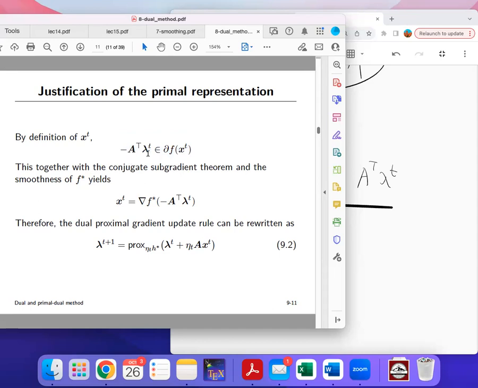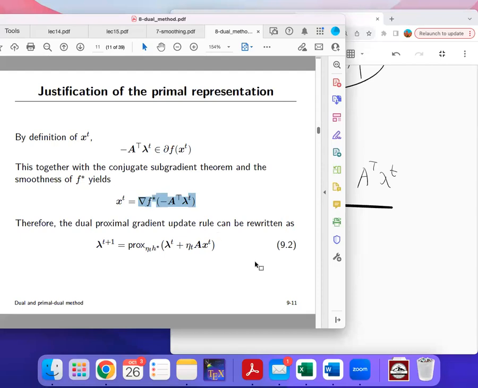So from this inclusion property, we get this line: xt is actually the gradient of f conjugate evaluated at that point.